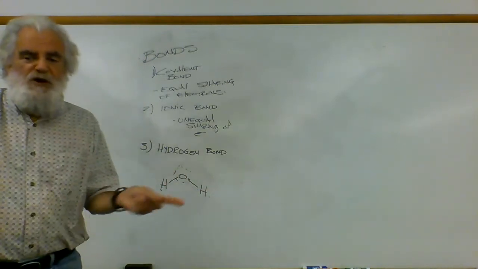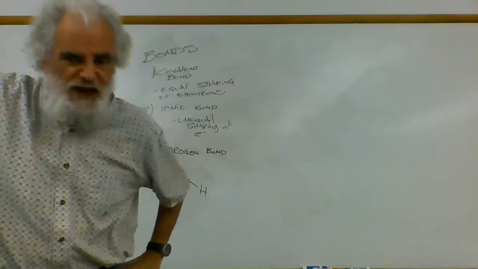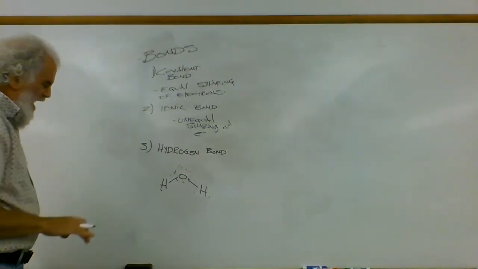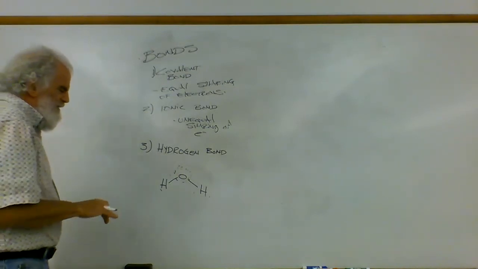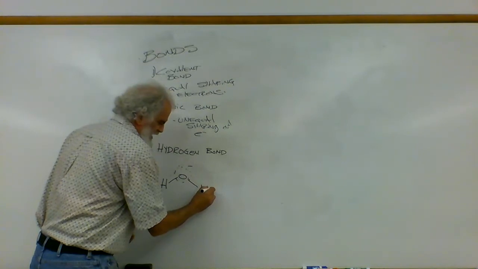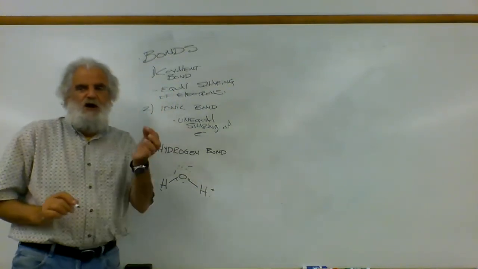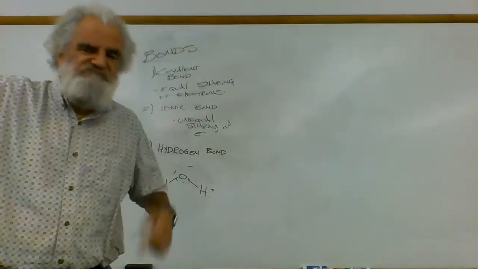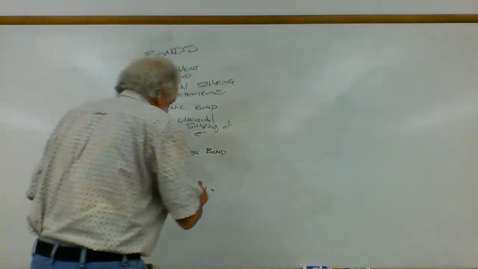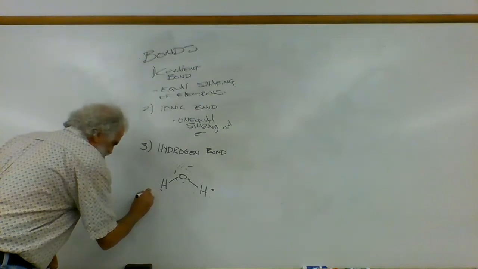And just remember, whenever you see the line, it is a covalent bond in these chemical structures. All right, so the oxygen is carrying a slight negative charge, and the hydrogen's carrying a slight positive charge. Now, with a single water molecule, not much happens, but you put water molecules together, and we end up with this charge interaction occurring.